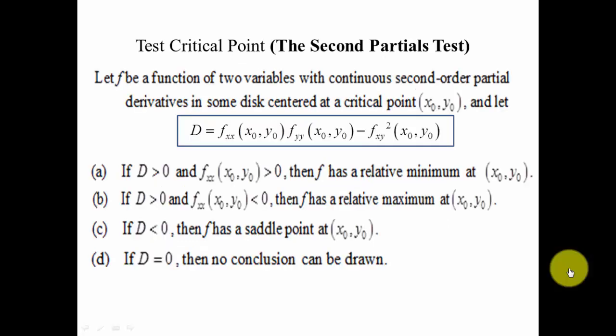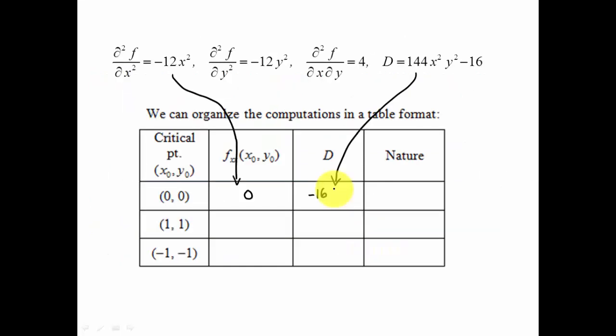To recap again, the second partial test states that if d is negative, then the function has a saddle point at the critical point x0, y0. Because d is negative, therefore 0, 0 is a saddle point.